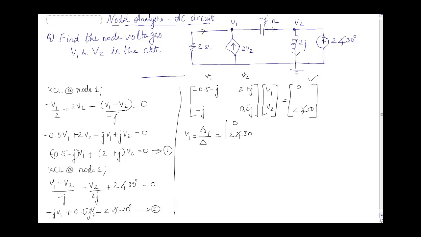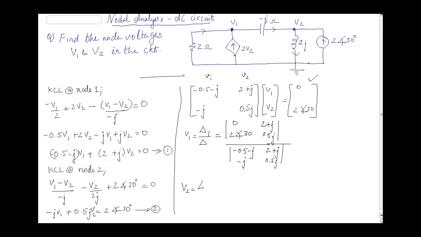So this V1 column gets replaced by 0, 2 angle 30, and then 2 plus j and 0.5j, divided by delta, we all know is basically minus 0.5 minus j, 2 plus j, 0.5j. If we find the determinant and do the division, we will get the answer.